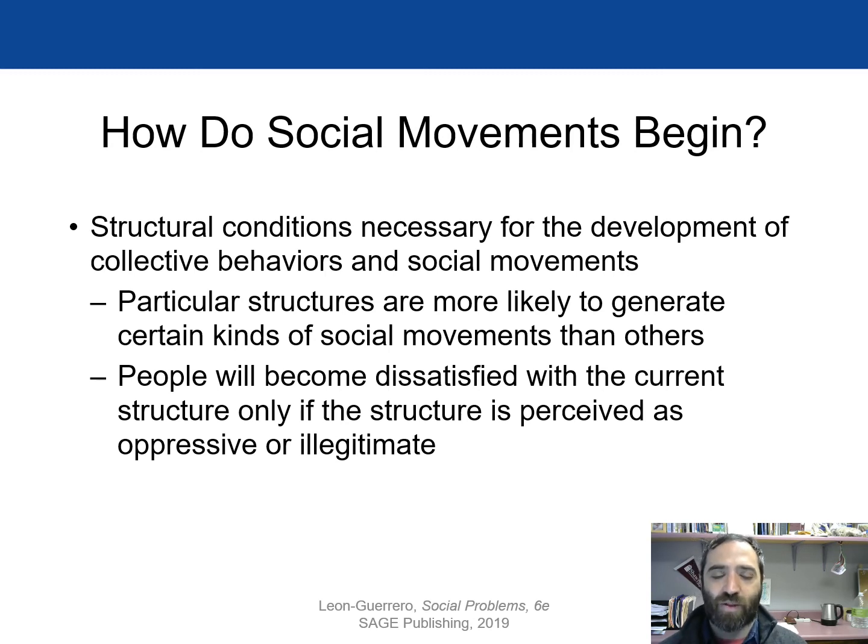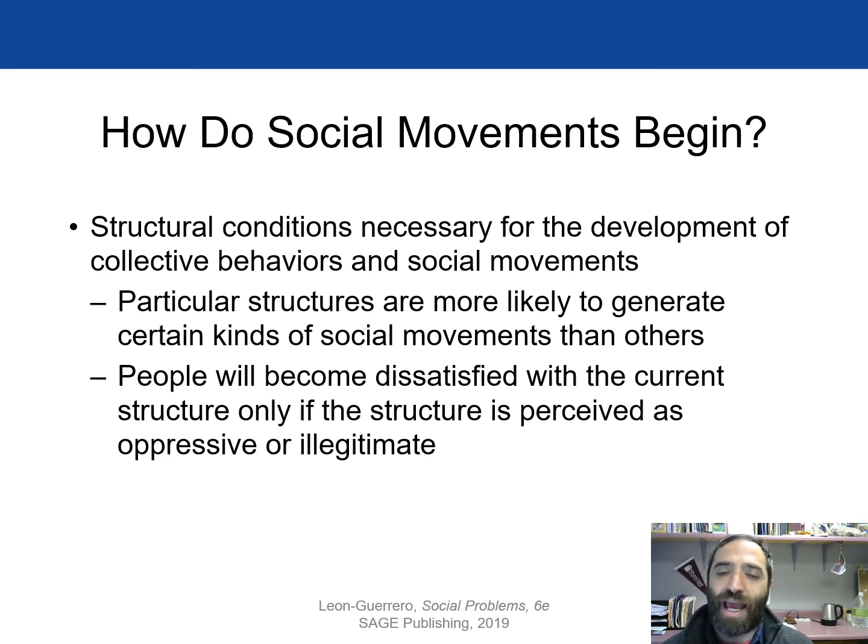Oftentimes, when you have a structure where some people have so much more than others, there's a heavy ideology, a heavy system of belief that justifies that difference. People believe, oh yes, I may have very, very little, but that's because the people who have so much more are so different from me. They're smarter, they're harder working, they're closer to God, there's something about them.